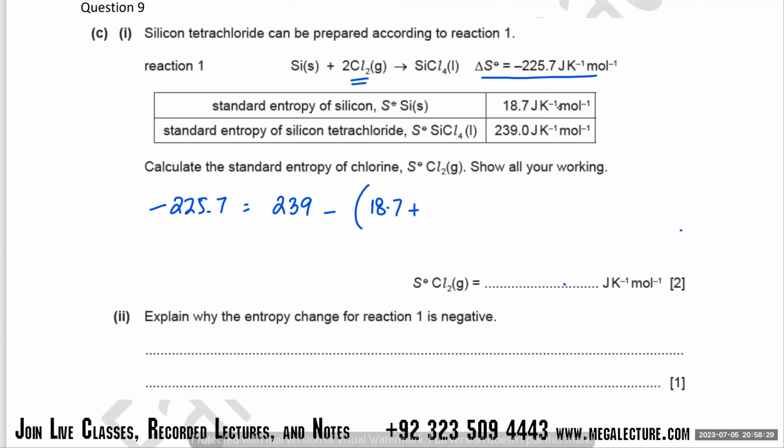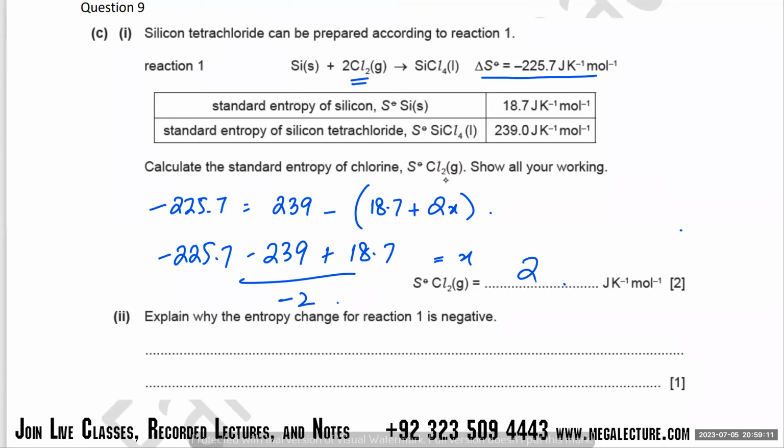So that's 2 times X. So you can try and calculate what the value of X is. What's X? This is minus 239, divided by minus 2. 223, sir. 2 to 3.